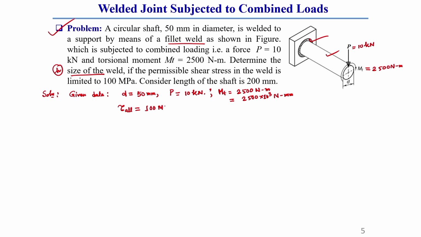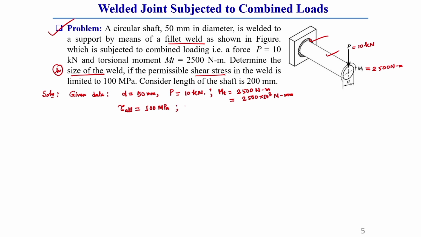We always provide the permissible or allowable shear stress because in most cases failure occurs at the throat area in shear mode. That is why shear stress is generally considered as the design criterion for fillet welds. Keep this in mind.